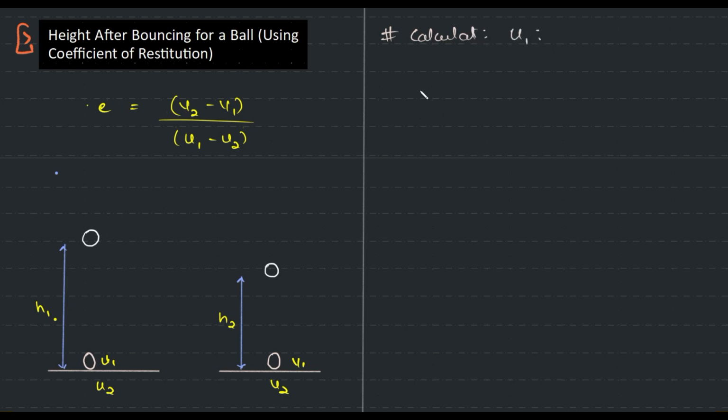As per the law of conservation of mechanical energy, my kinetic energy, half m u1 squared, should be equal to the energy which it started off from, m g h1. So m and m get cancelled. So you have u1 is equal to root of 2g h1.